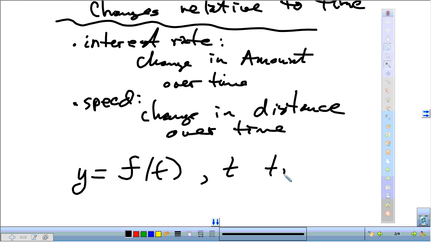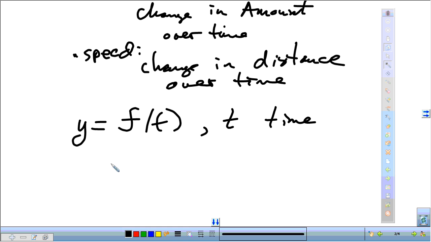now in most cases when we use the variable t will mean time. So as a function of time, more specifically than some generic variable x or something else, then this would be the change in y over the change in time as a rate.